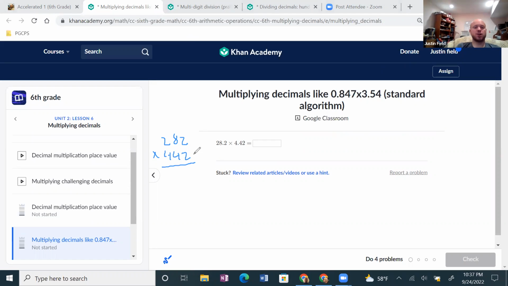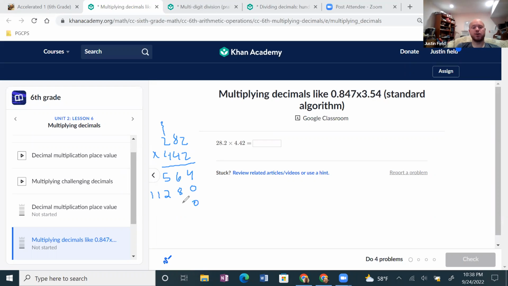Just do some multiplication. 2 times 2 is 4. 2 times 8 is 16. 2 times 2 is 4 plus 1 is 5. Now let's do the tens place. 4 times 2 is 8. 4 times 8 is 32. 4 times 2 is 8 plus 3 is 11.